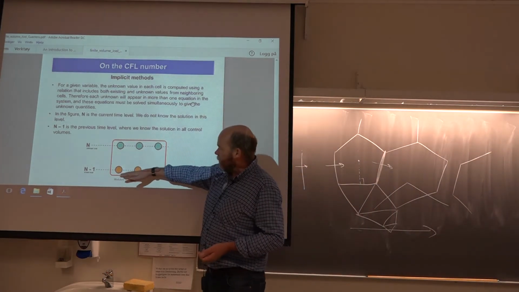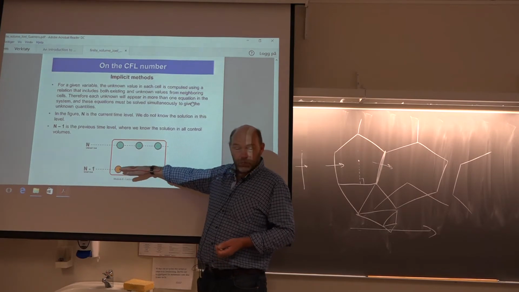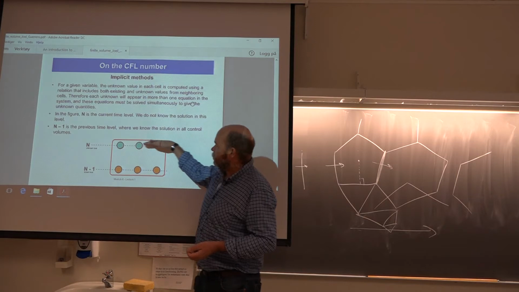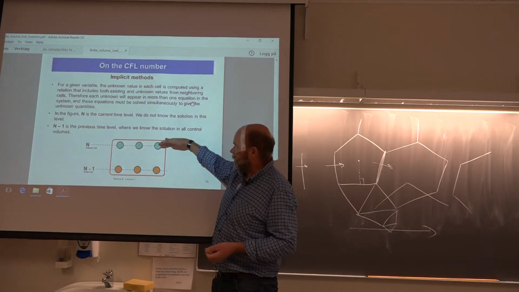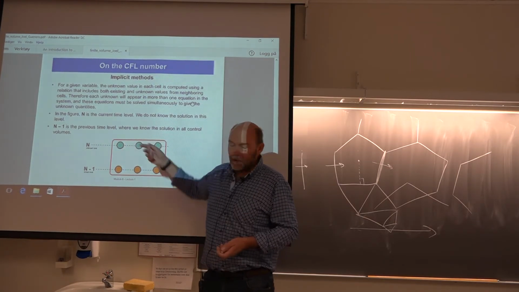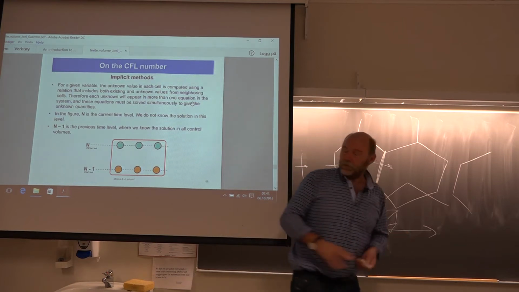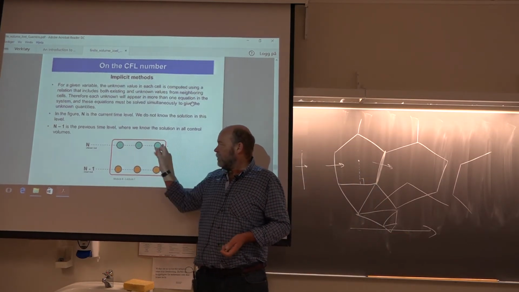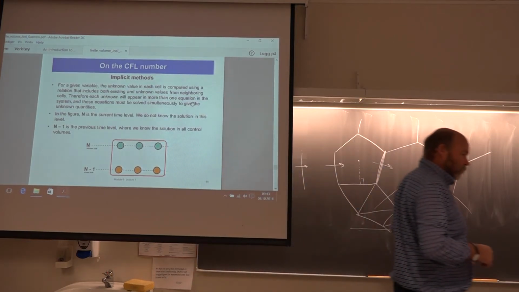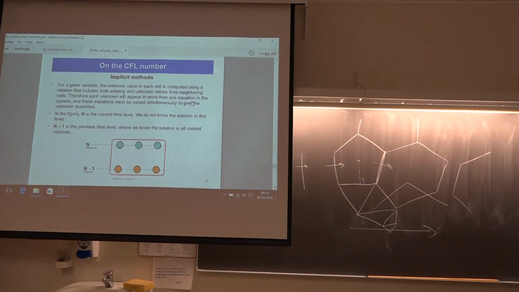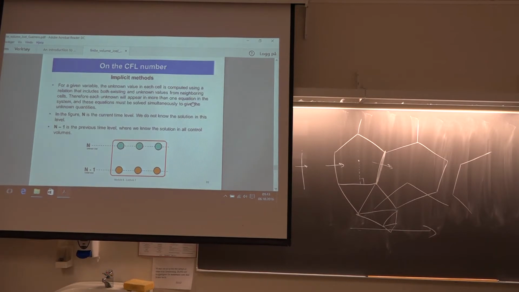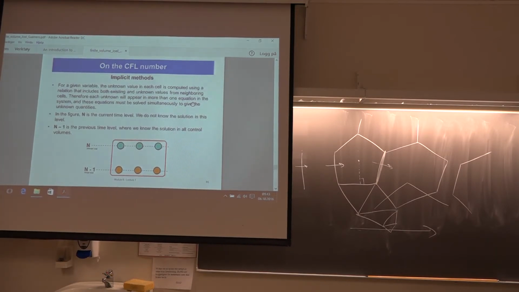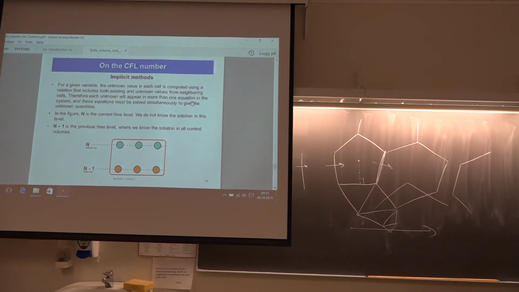Here you mix things: the solution for time level n minus 1, but also the new unknown solution at time level n is involved in finding the solution for this unknown. But of course then you have to solve an equation system to find it. And that can be hard. So implicit methods involve much more CPU, much more calculation, but they will in general be more stable.